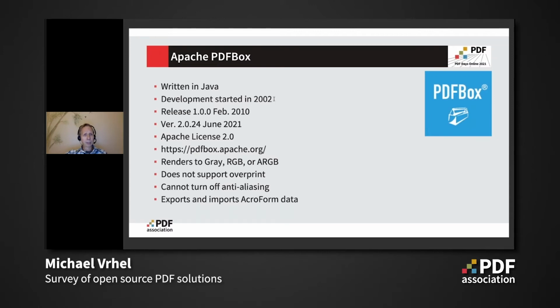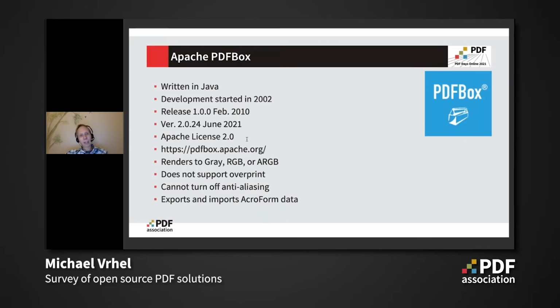Its development started in 2002. The first release, version 1.0, was in February of 2010. The most recent version is from June of this year, 2.0.24, although if you go to the website, I see they have an alpha version 3 available.